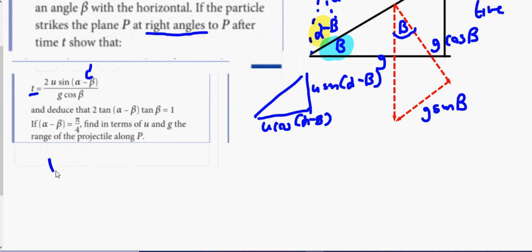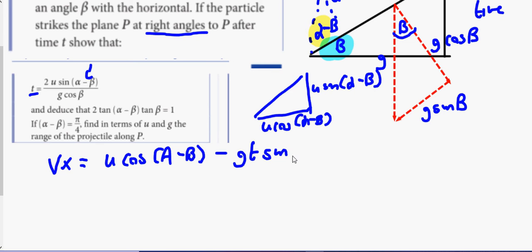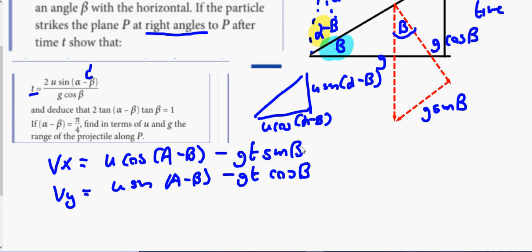What's Vx? u cos(alpha minus beta) take away g t sine beta. Vy is u sine(alpha minus beta) minus g t cos beta. I'm doing my change the lines trick.